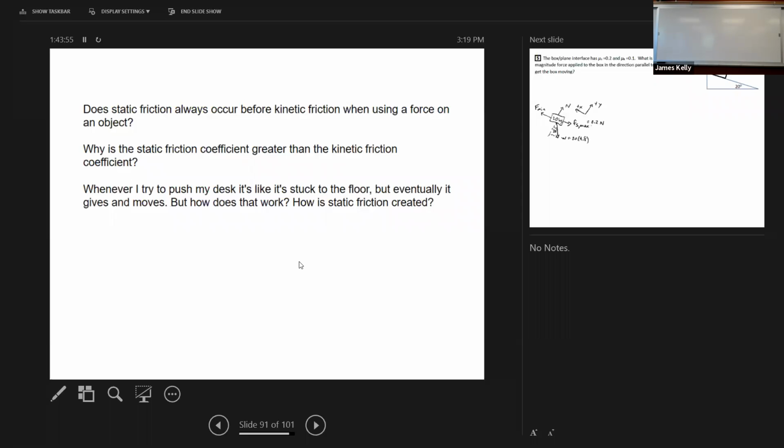Whenever, at least for the macro, if nothing's pushing on it, there's no horizontal force. Whenever I try to push my jet, how does that work? How is the static friction created?